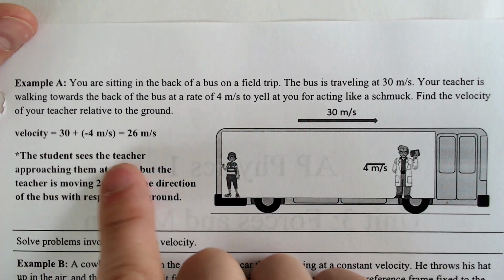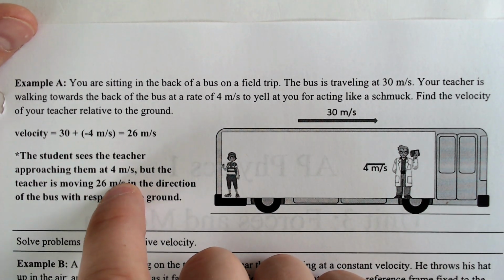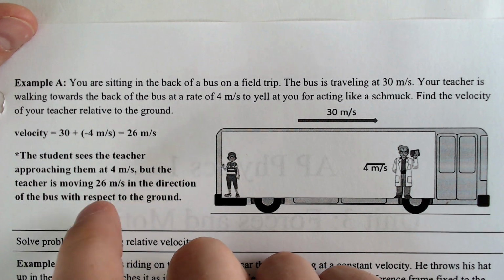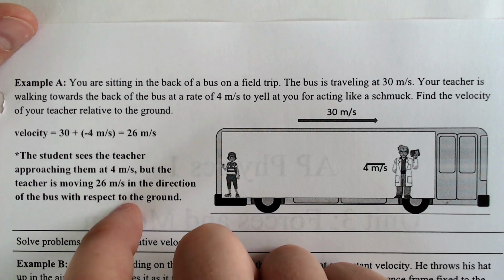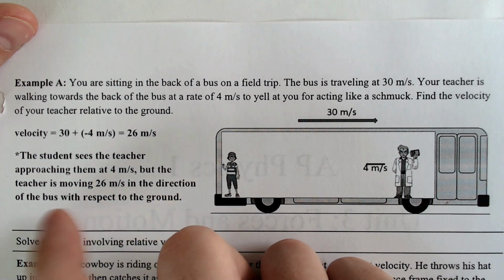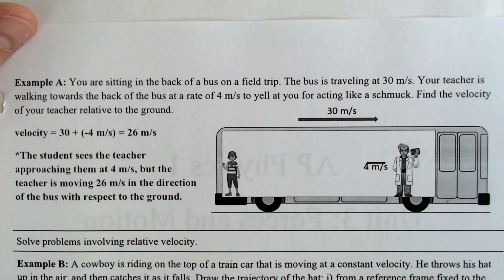The student sees the teacher approaching them at 4 meters per second, but the teacher is actually moving 26 meters per second in the opposite direction with respect to the ground.